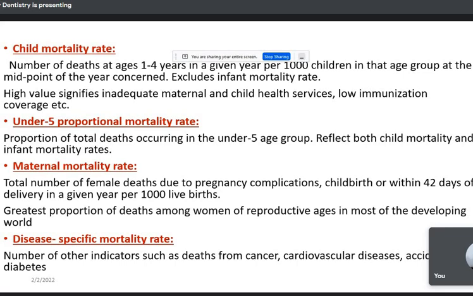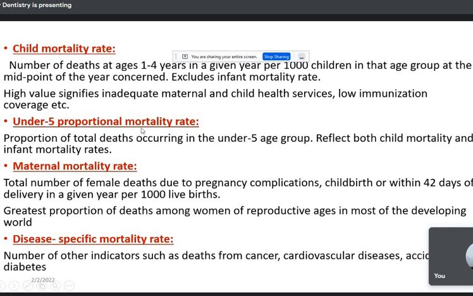The government has provided them free of cost, but when the coverage is very low, there is a chance that the child can die. And if the maternal and child health services are not adequate, that can also cause the death of children. So this is how the mortality rate will indicate the reason.